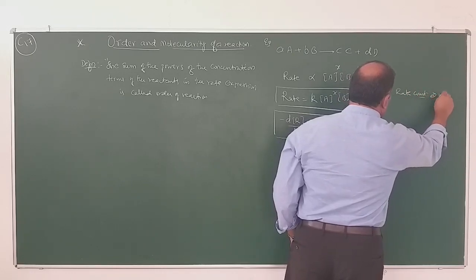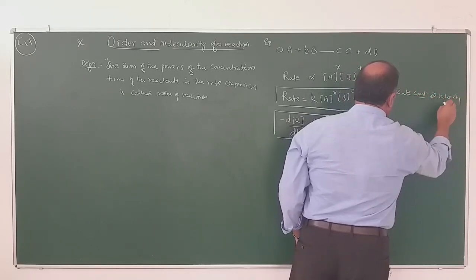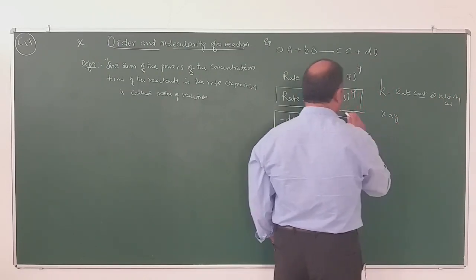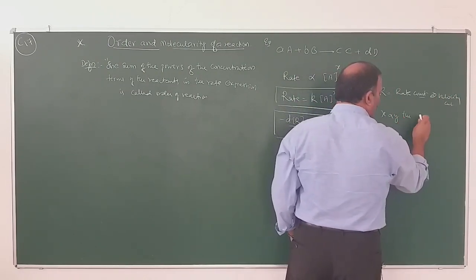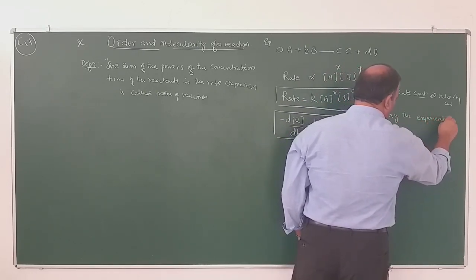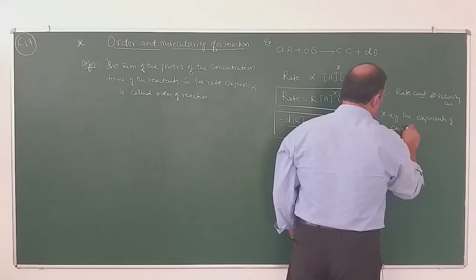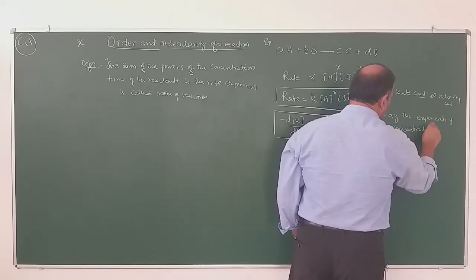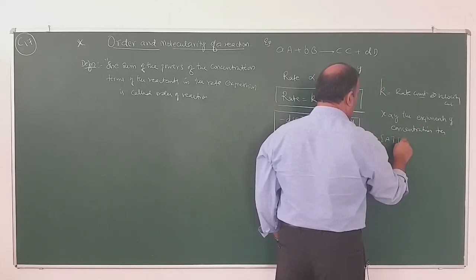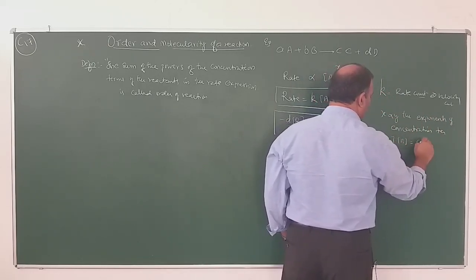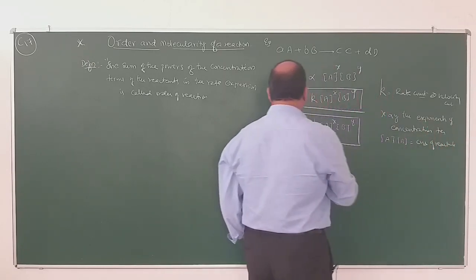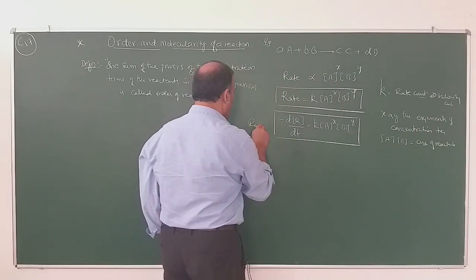This is also called velocity constant. x and y are the exponents, the powers of the concentration terms, and [A] and [B] in square brackets are the concentration of reactants. So this expression is called rate expression.